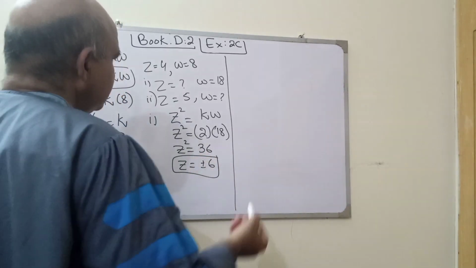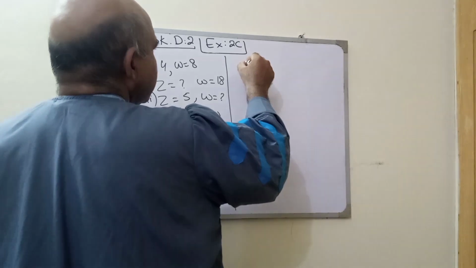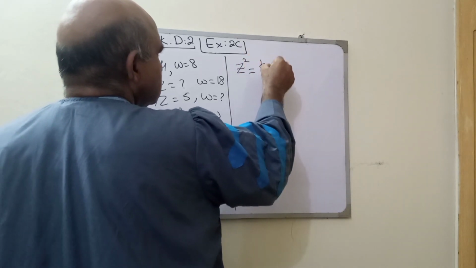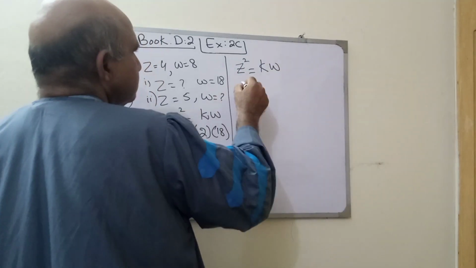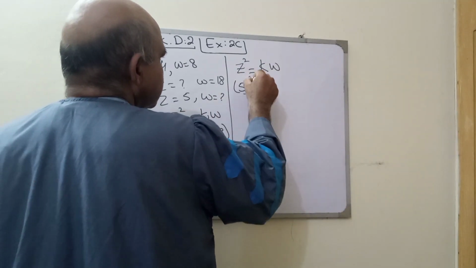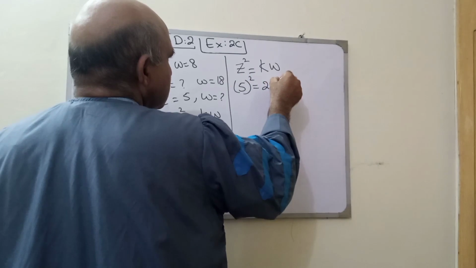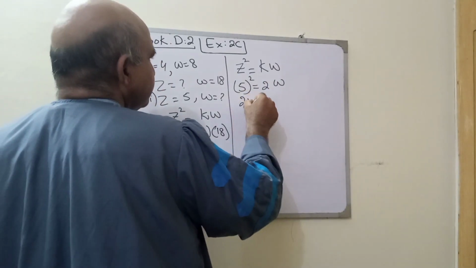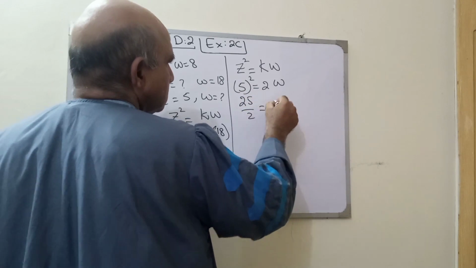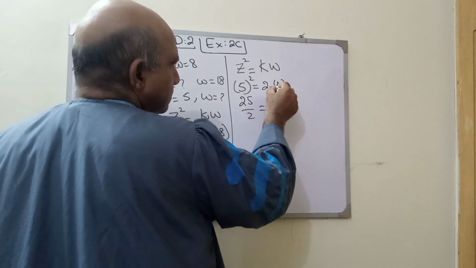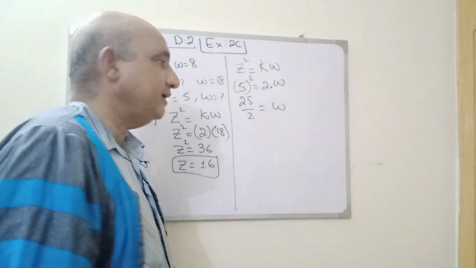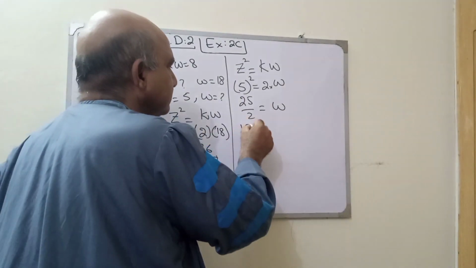Now for the second part, again we write the same formula here. Z square is equal to kw. The value of z is 5 square, k is 2. This is w. It is 25 over 2 is equal to w. Since w is multiplied, when we take it to the other side of the equal sign, we divide, so it is 12.5.